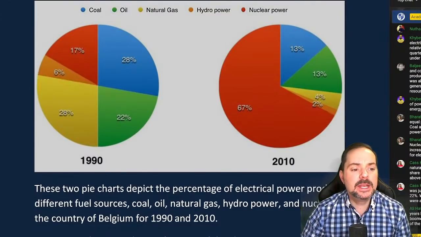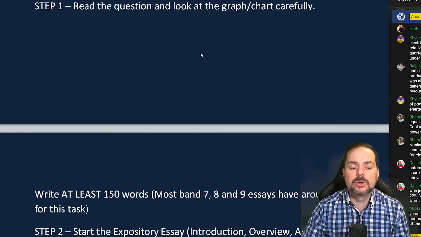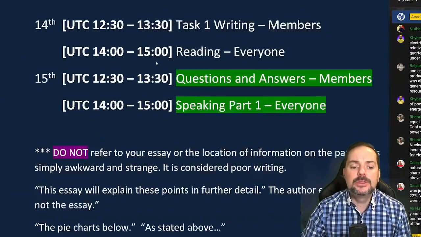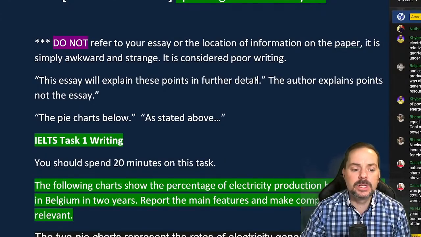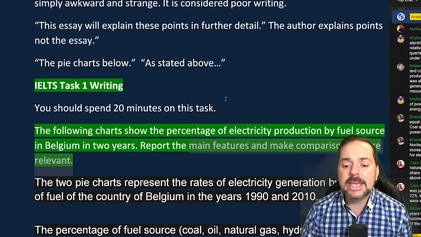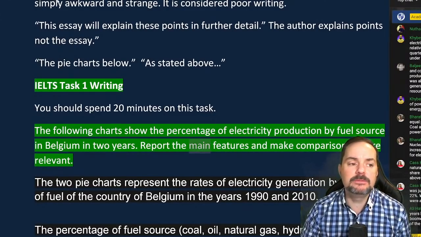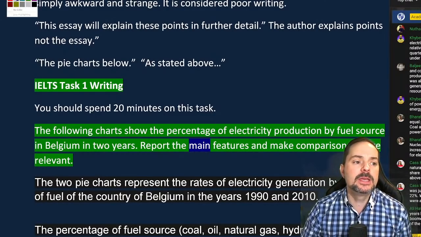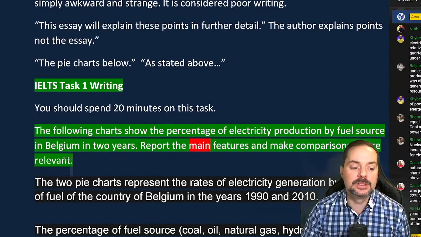Again, remember that in IELTS Task 1, you're writing about 220 words of the most important information. And the question, I'm sure all of you have realized this, says, report the main features and make comparisons where relevant. So we're talking about the main features, okay, main features. And we're making comparisons where relevant.